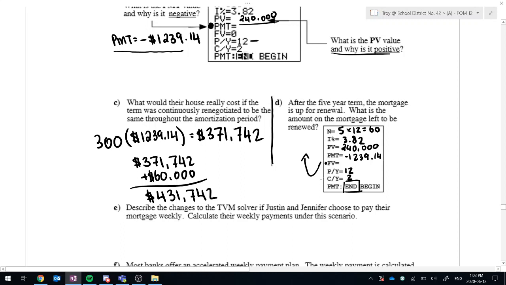It will give us a value of $208,269 and 39 cents. So that is the remaining amount. They went from 240,000 to 208,269.